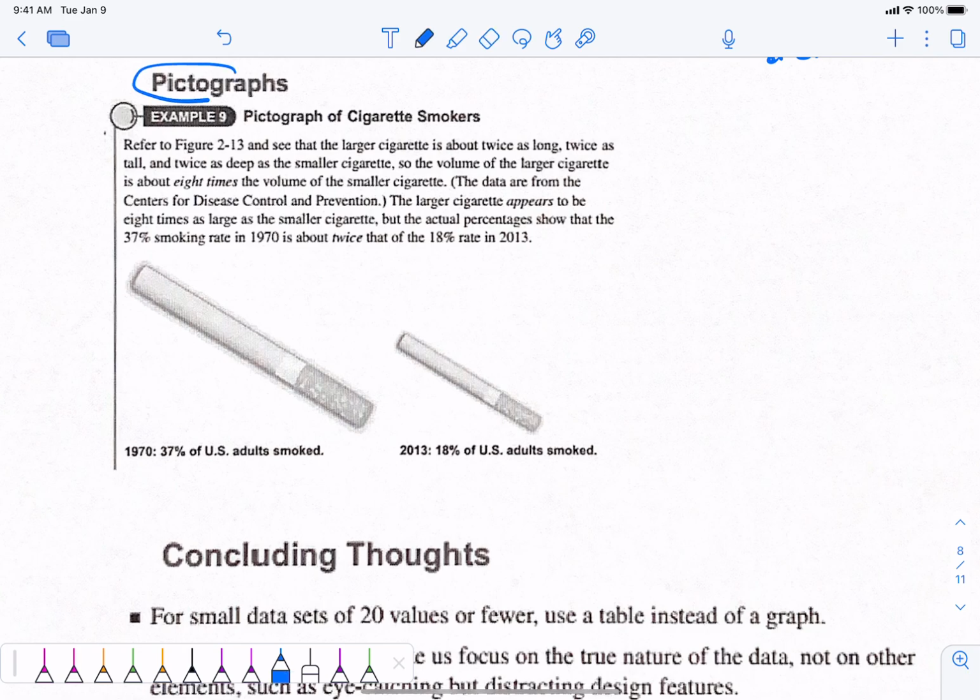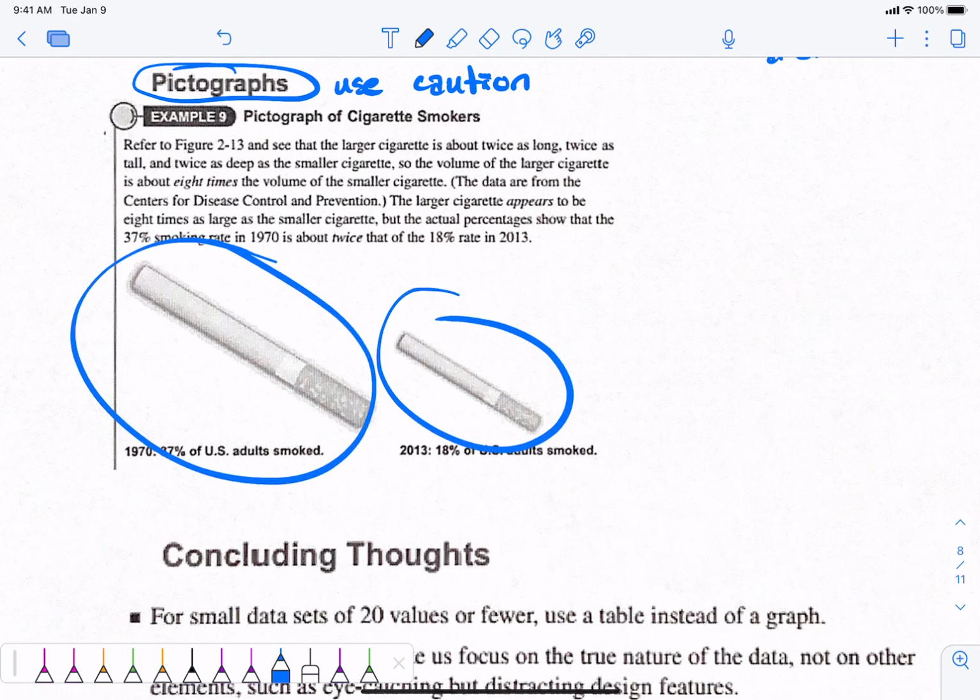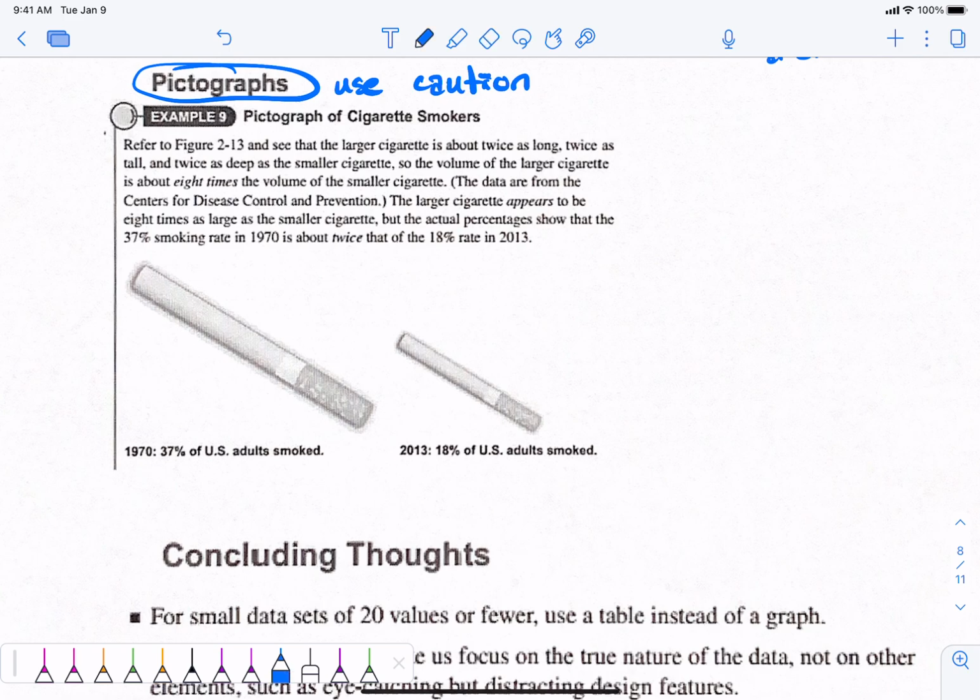But with pictographs, use caution, because usually pictures are three-dimensional figures, or even two-dimensional, like these two pictures. We have a width of the cigarette and a length of the cigarette, right? What we have going on here is that in 2013, 18% of U.S. adults smoked.